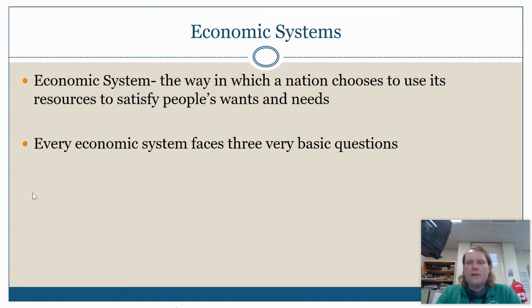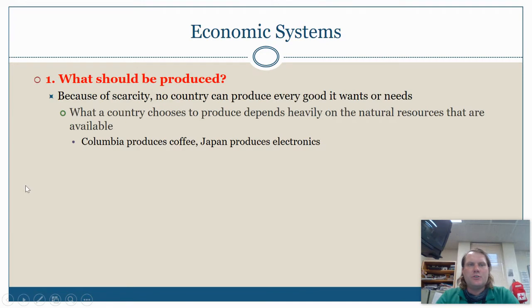But in general, as they make these decisions, they've got to face three pretty basic questions. The first thing we've got to decide is what should be produced. For each of these questions, there are going to be some limitations. Based on where your country is, like in a climate situation, right? Are you an island nation? Those types of things definitely play a role in the stuff that you produce.